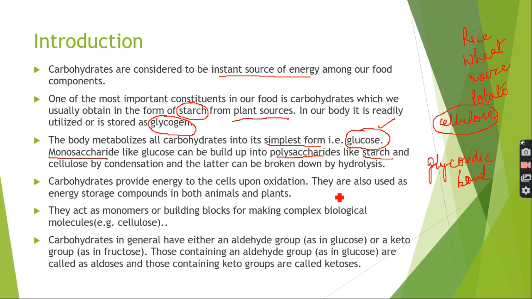Now once the starch is broken down into glucose, the carbohydrate which is formed provides energy to the cell upon oxidation, and this in turn is responsible for our daily metabolic activities happening in our body. So it is these monosaccharides which are the building blocks of the polysaccharide.